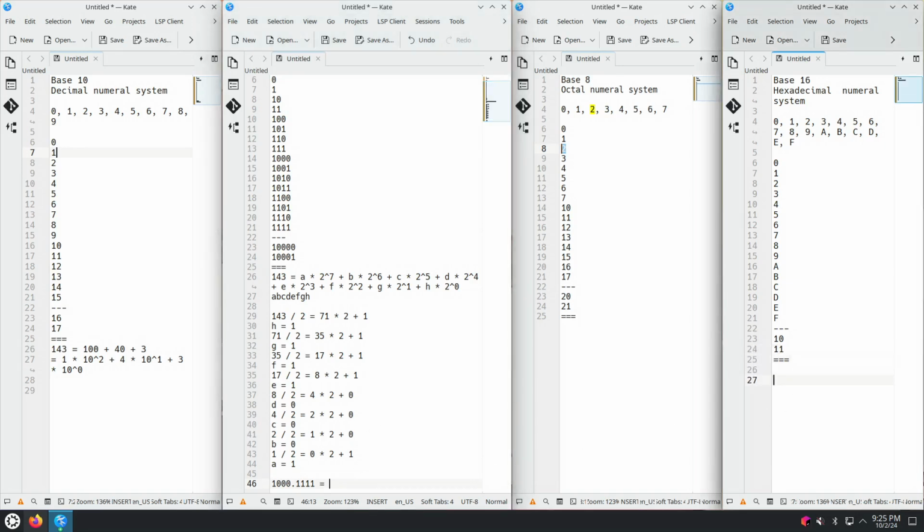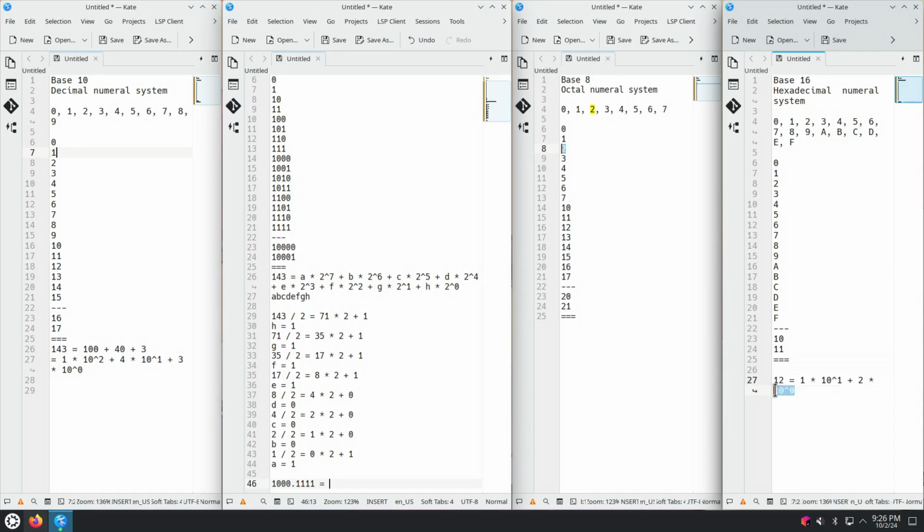So let's see the number 12 in base 16. That's not twelve, it's 1, 2 in base 16. So that's a 1 times the base 16 at the power of 1, plus 2 times the base 16 at the power of 0.